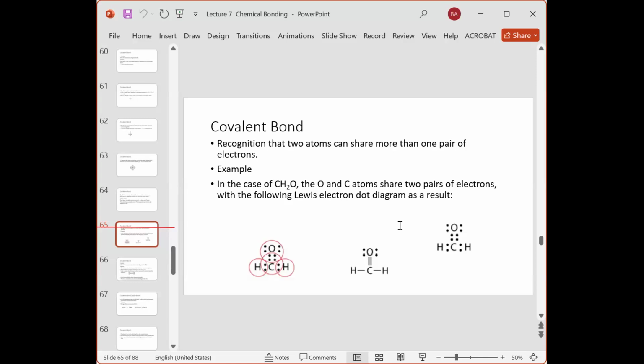In the case of CH2O, the O and C atoms share 2 pairs of electrons, with the remaining Lewis electron dot diagram as a result. You take a look at it carefully. We have oxygen, and then we have carbon, and we have hydrogen.